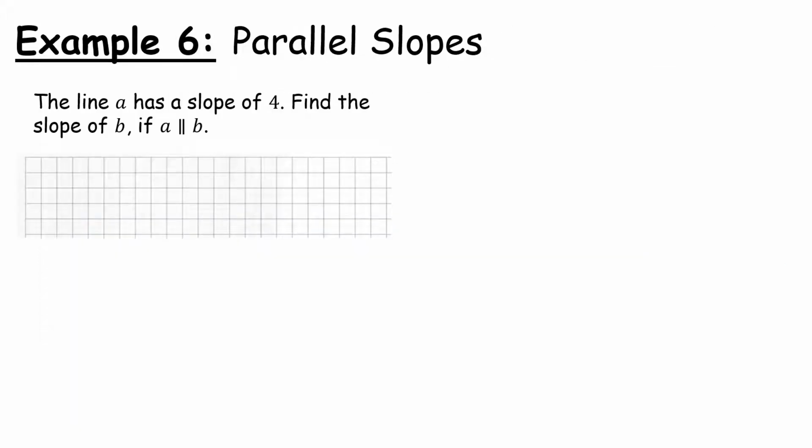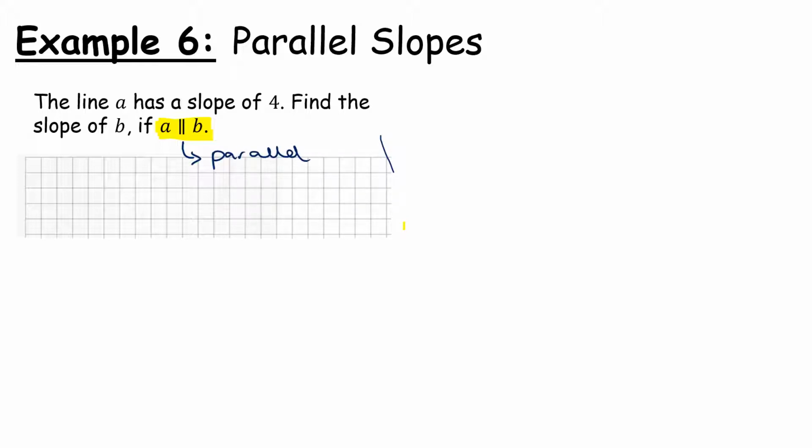So let's take another example and look specifically at parallel slopes. The line A has a slope of 4 and they want us to find the slope of B if, and they've given us this little symbol here, A is parallel to B. Notice that the symbol looks like two little parallel lines.